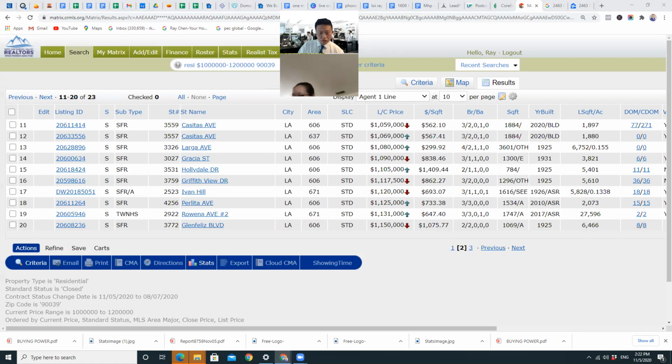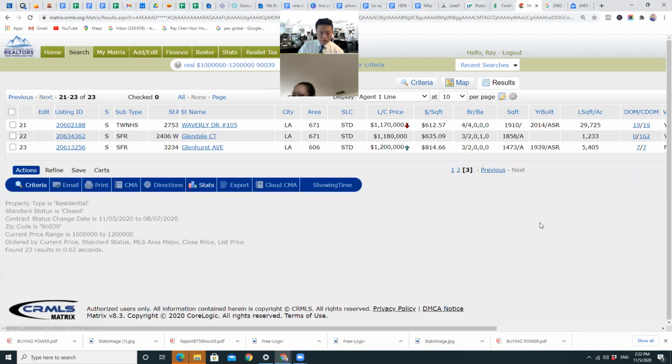1.12 we have 2. 1.13 we have 1. 1.15 we have 1. So since the last time their price is only 1.09, we're not going to even go over 1.1.